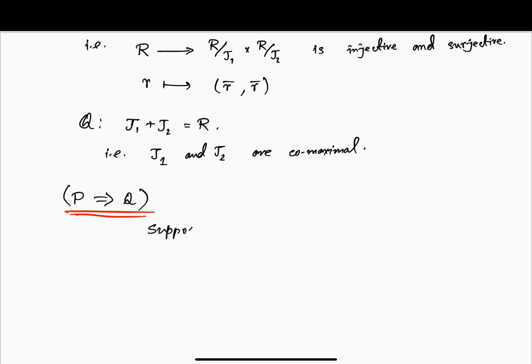Suppose J1 plus J2 is not equal to R, which implies let A be in R such that A does not belong to J1 plus J2.